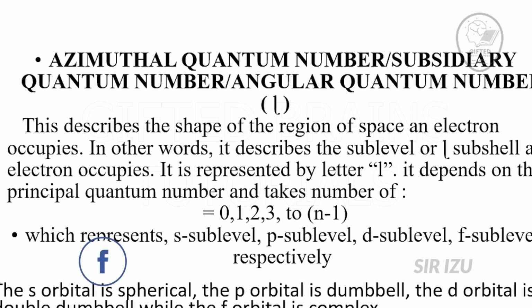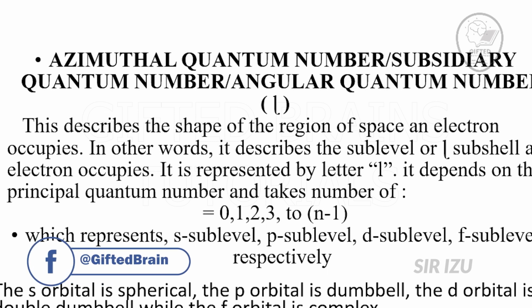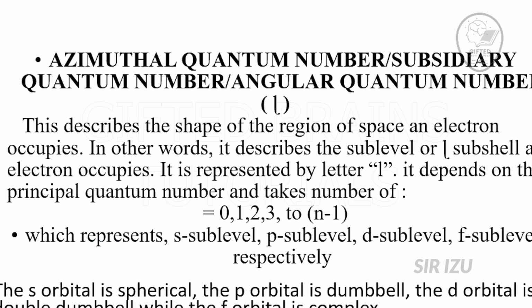Before now, we've also been able to establish the fact that we don't know where an electron is in an atom. We cannot say this is where an electron actually is. The uncertainty principle buttresses this fact.